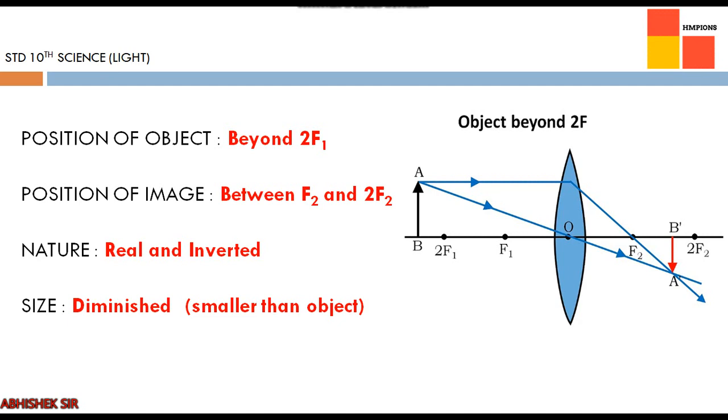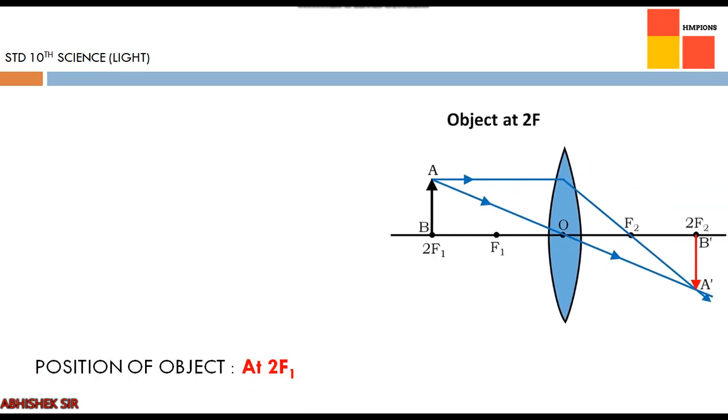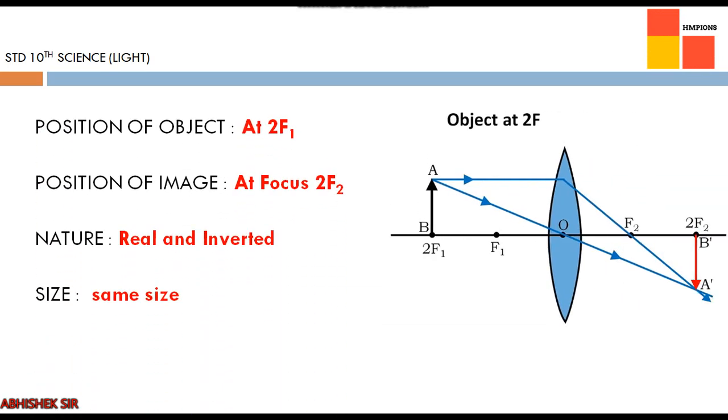Nature, again the rays are actually meeting, so it is real and inverted, and as compared to the object the image is slightly smaller, so it is diminished. Now the third figure, if the object is at 2f1, what will happen?